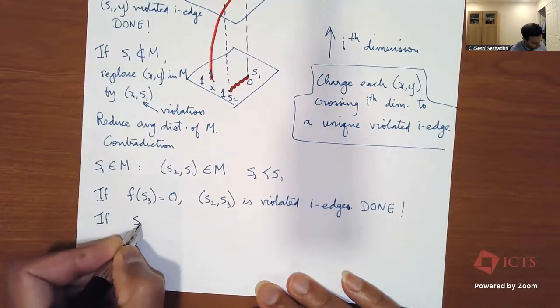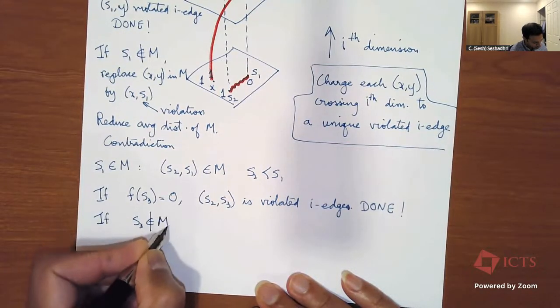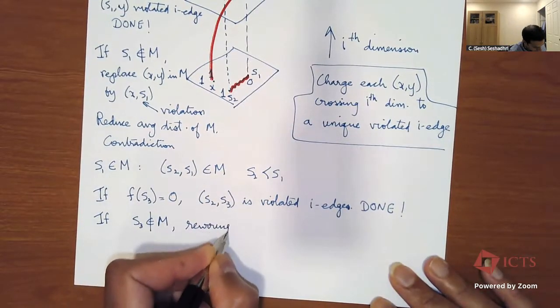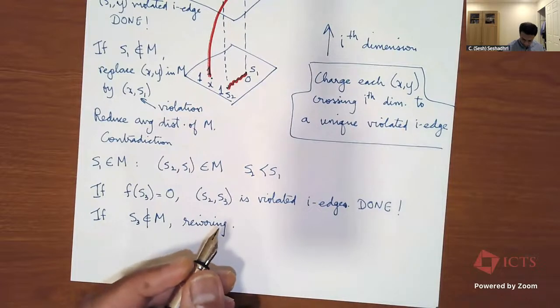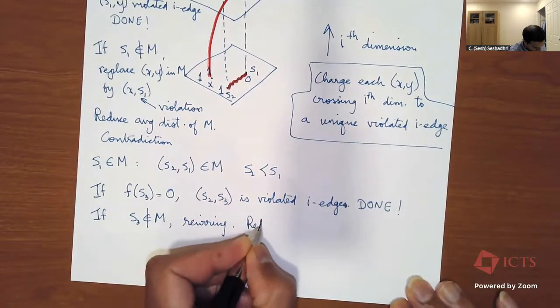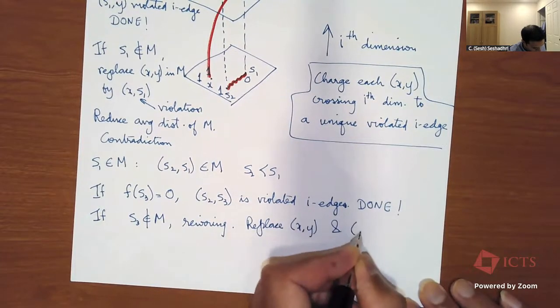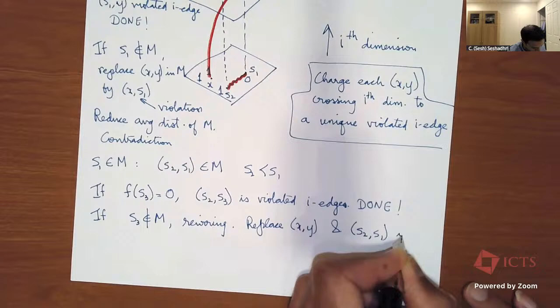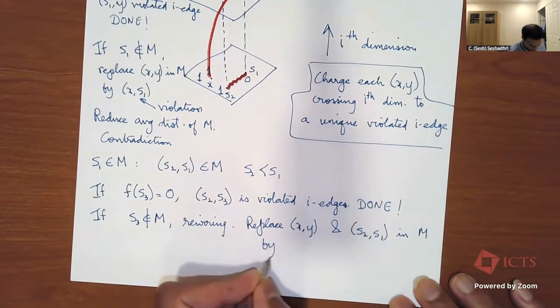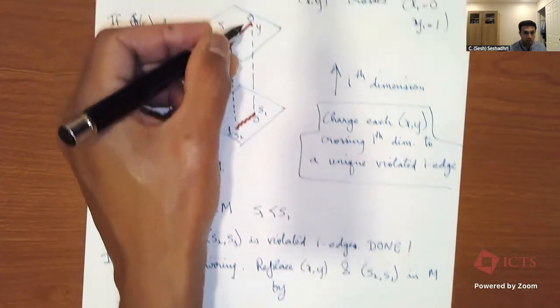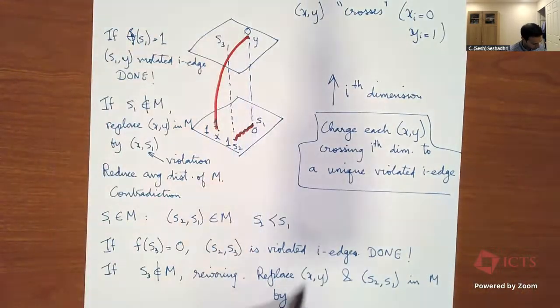If S3 is not in M, then I do something that I call a rewiring. So I replace xy and S2, S1 in M by xS1 and S3y.